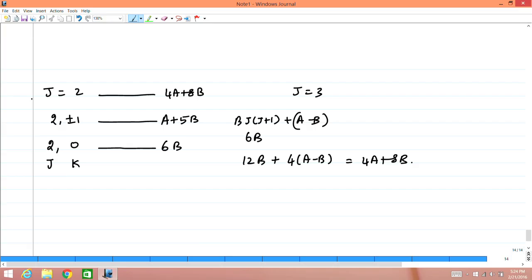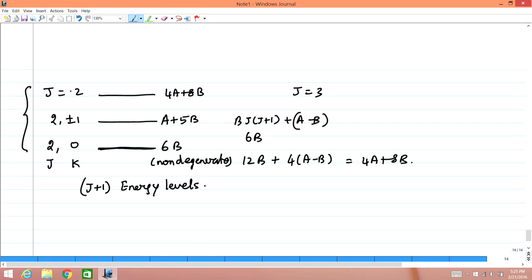So, for a symmetric top, for any given J, there are J plus 1 energy levels. The plus 1 is due to the fact that the K equal to 0 state is non-degenerate, and for all the other states, for J equal to 2, K goes up to plus or minus 2, and that is a maximum.